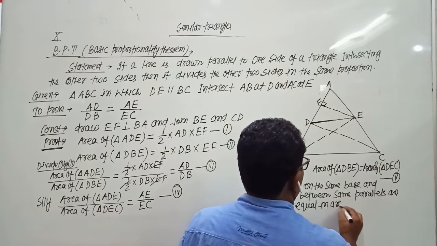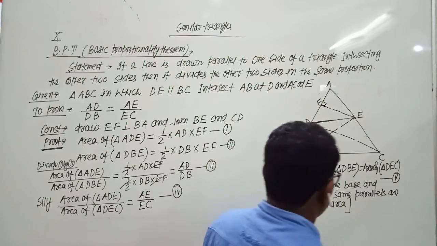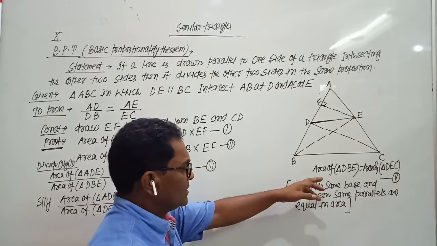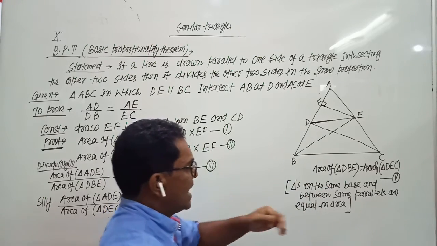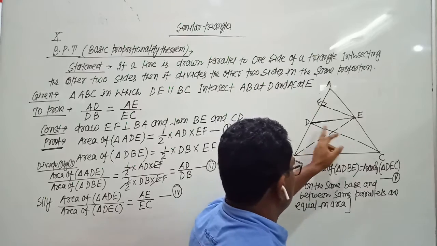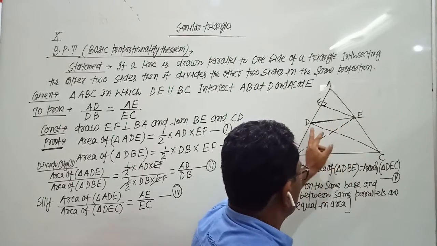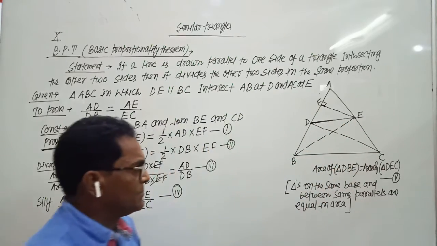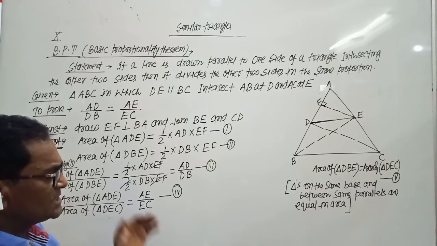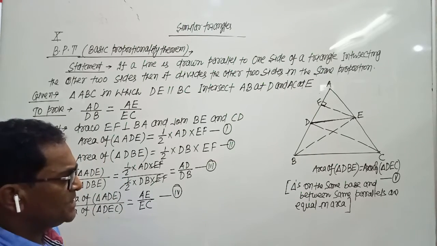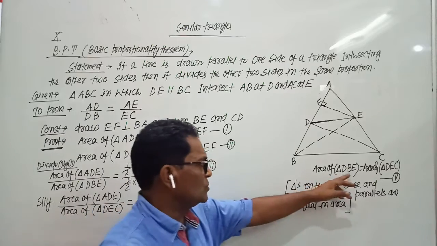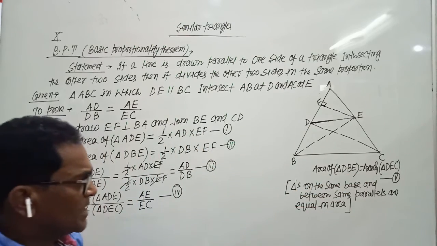Same parallels means the same parallel lines. So triangle DBE and triangle DEC both lie on the same base DE and between the same parallel lines DE and BC. So these two areas must be equal.